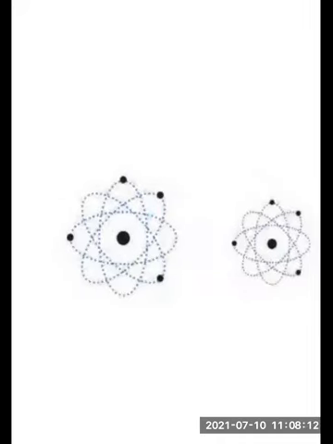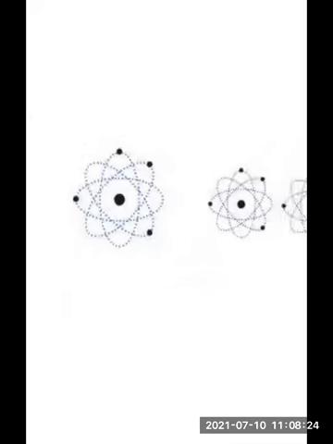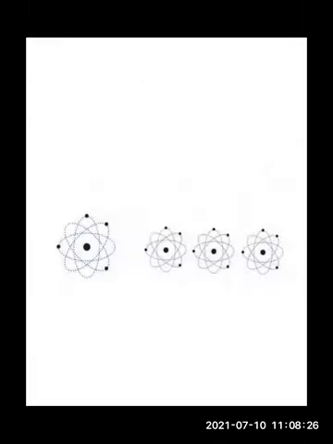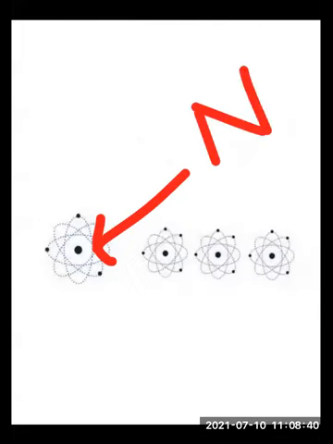So this part which I'm showing you now, this black dot you can see over here, this is called the nucleus of a single atom.